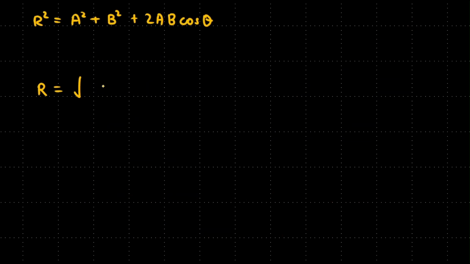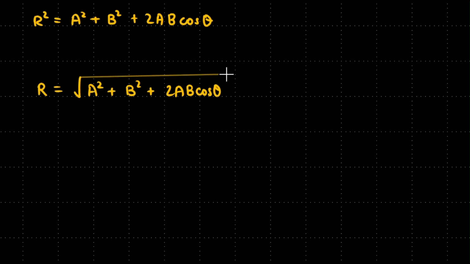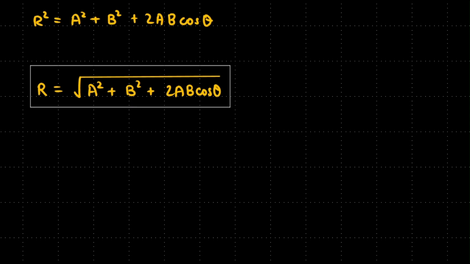So length will be a special case of magnitude, if it makes sense. So it will be the square root of A squared plus B squared plus 2AB cos theta, and this is actually the magnitude of the resultant of vector A and vector B. So let's call this equation number 3.